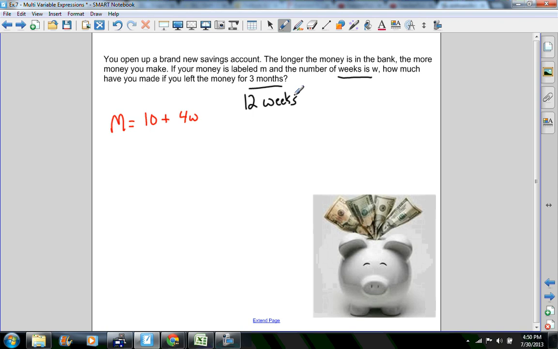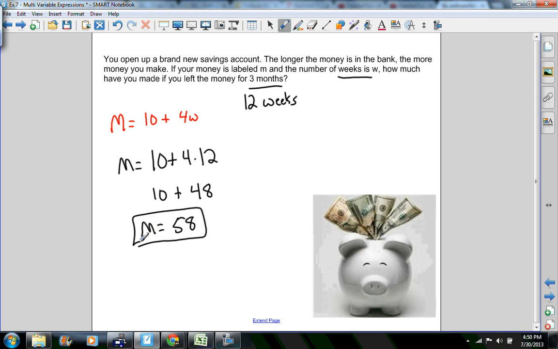So this becomes money is equal to 10 plus 4 times 12. 4 times 12, that's 48, plus 10. So that means we make $58, which is actually a lot better than $4.50 from before.